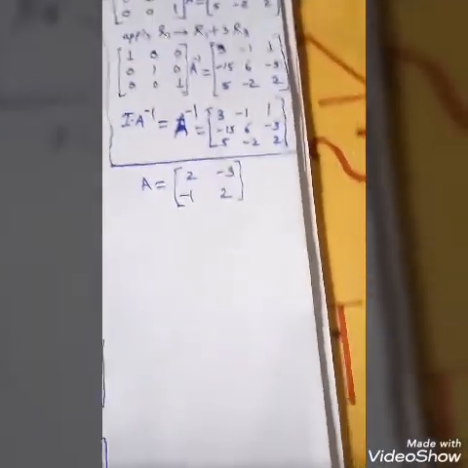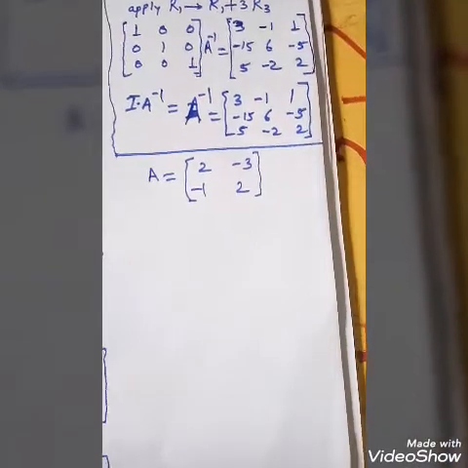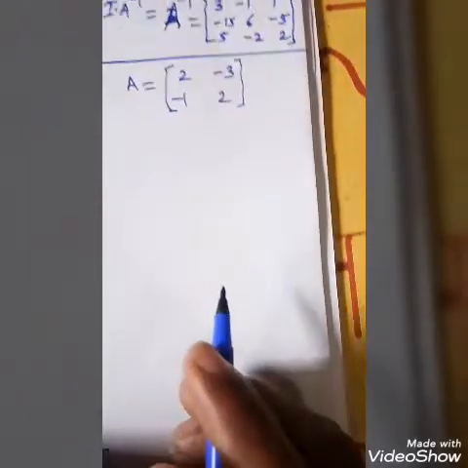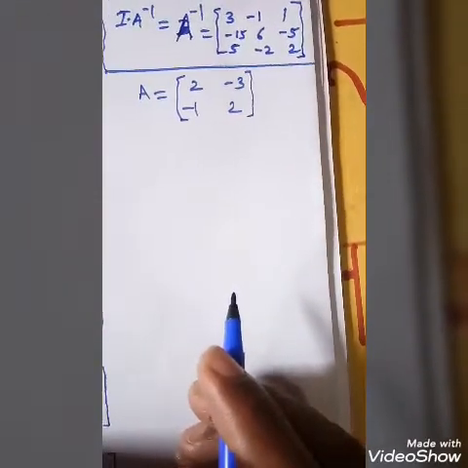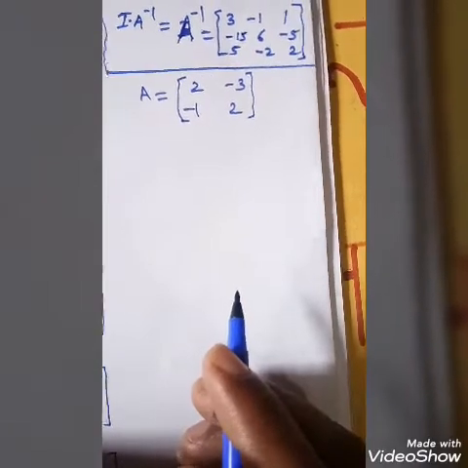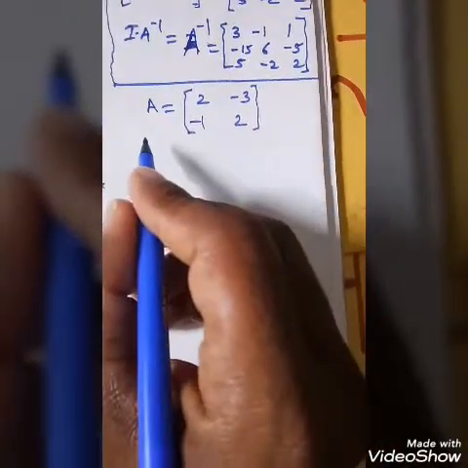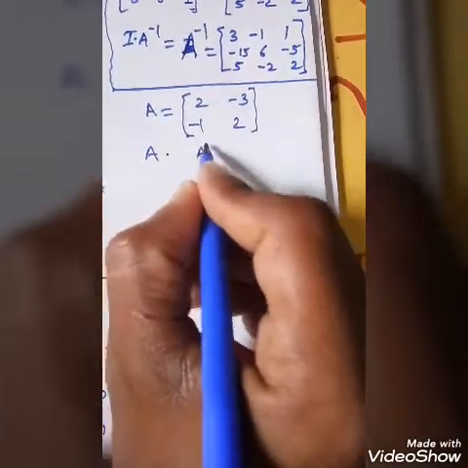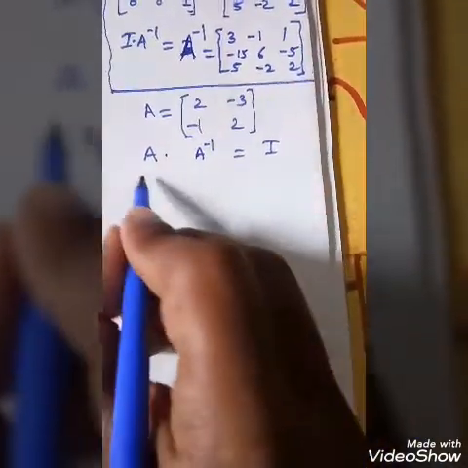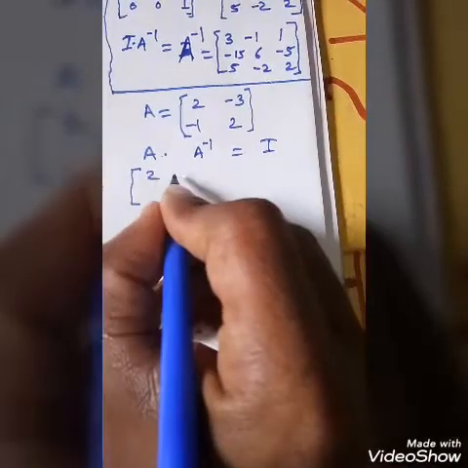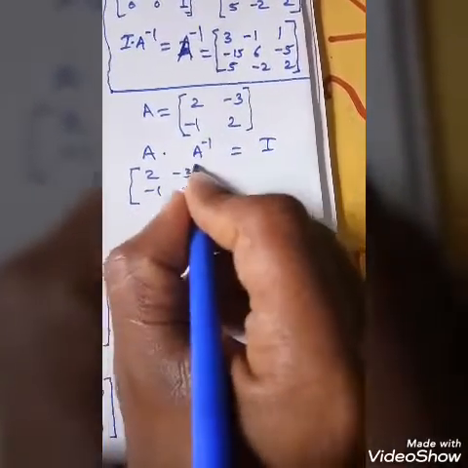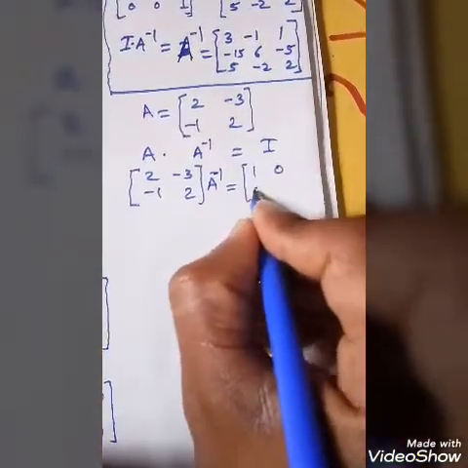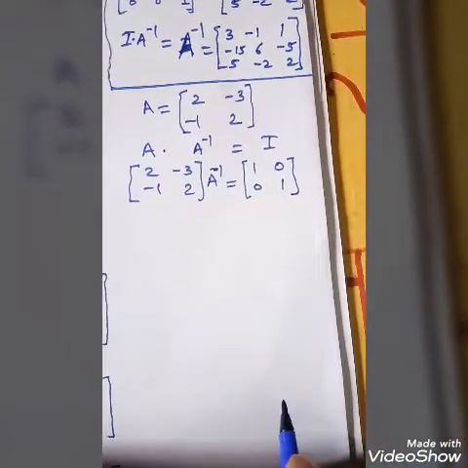This is another example of an order 2 matrix, whose inverse we are finding out by the transformation method. The first example was only explained to you as a solved example. I am solving this example again, pay attention. First we write the property A into A inverse is equal to I. Here the matrix A is 2 minus 3 minus 1 2, A inverse is equal to identity matrix 1 0 0 1.